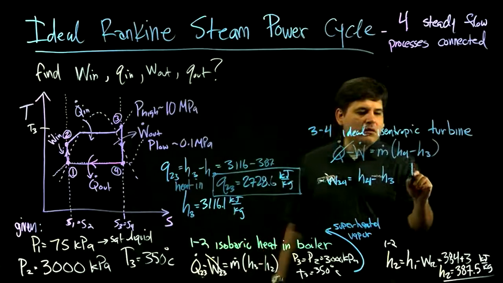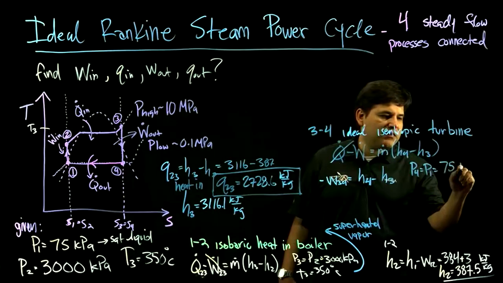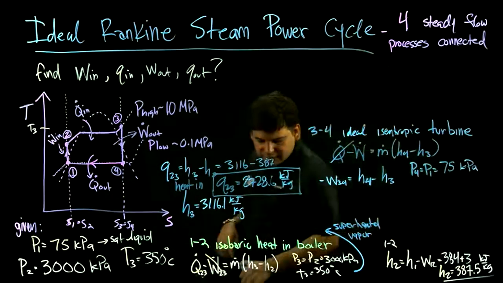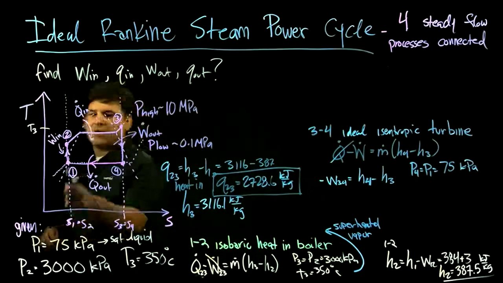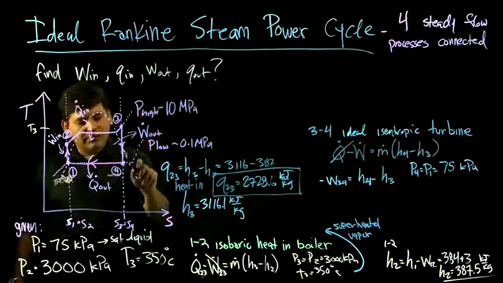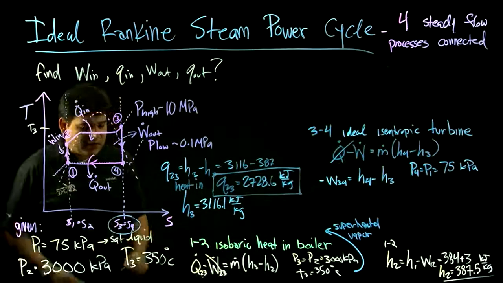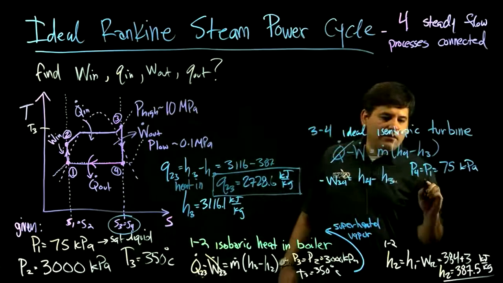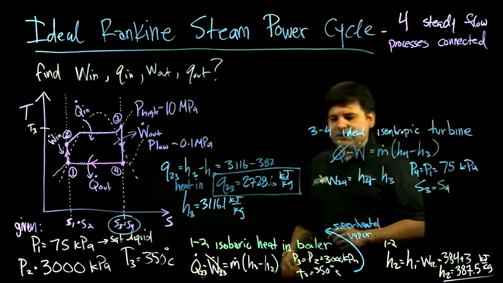P4 equals P1, which is 75 kilopascals. That's one thing we know. I'm not sure if we need that. Another thing that we have not used for the pump, but in this case we need for this turbine, is that this is isentropic. So S3 equals S4. What is S4?